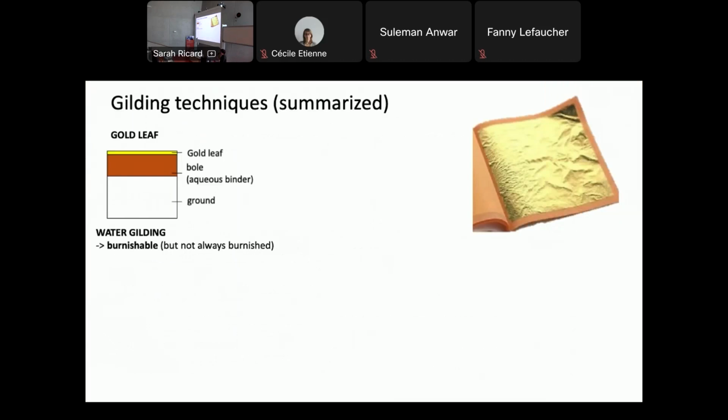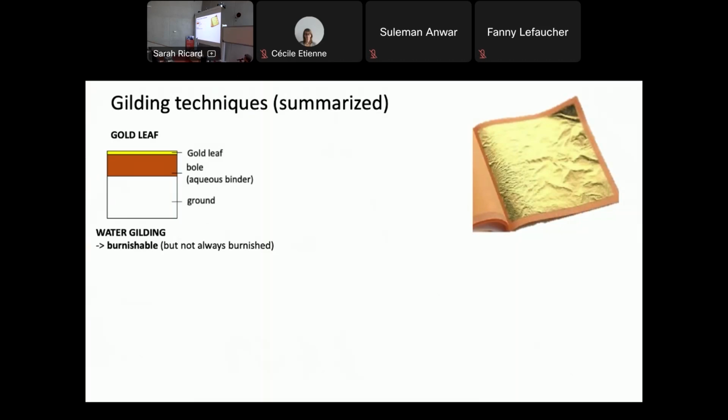So let's have first a bit of a recap on these gilding techniques, because what we see is that these gilding techniques are associated with distinct optical effects, and these optical effects are apparently known by painters, who often use them in combination in order to articulate the visual properties of their artworks. The first and most well-known technique is water gilding.